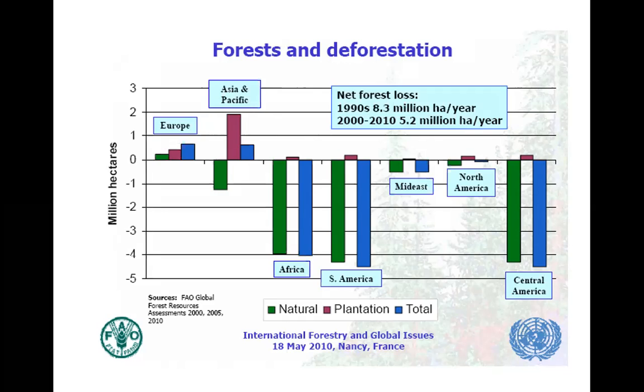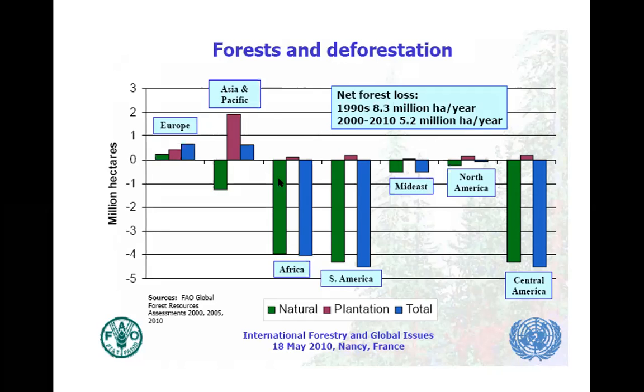But if you see in Africa, South America, even Central America, Middle East, North America, and natural forest in Asia, the natural green one, you see, even the blue one, natural forest is declining.